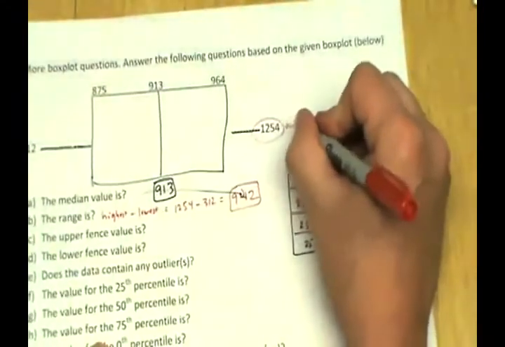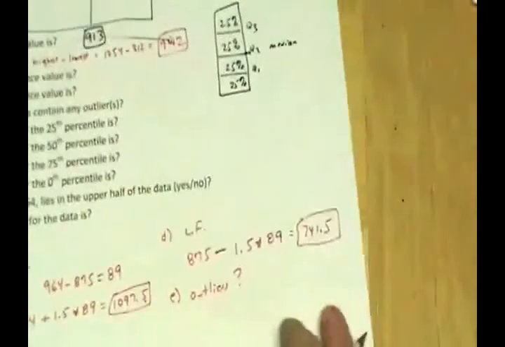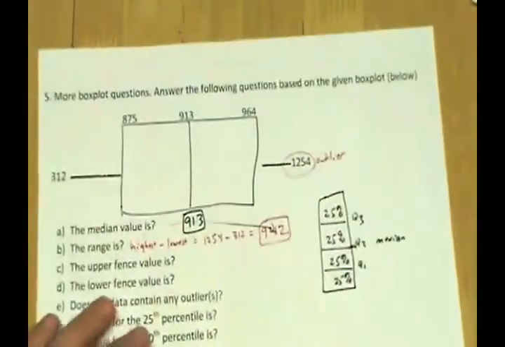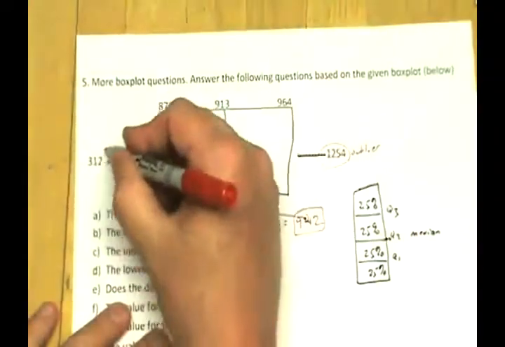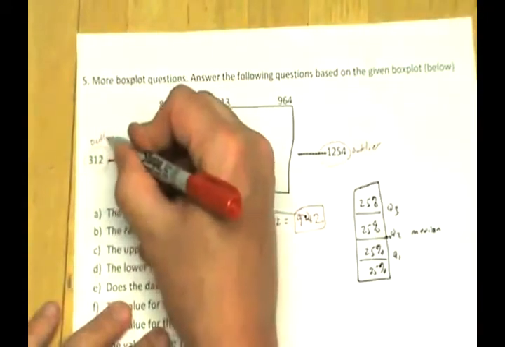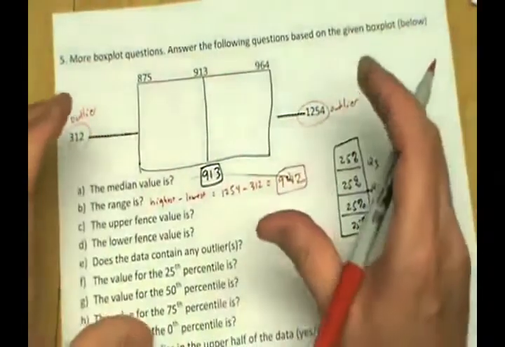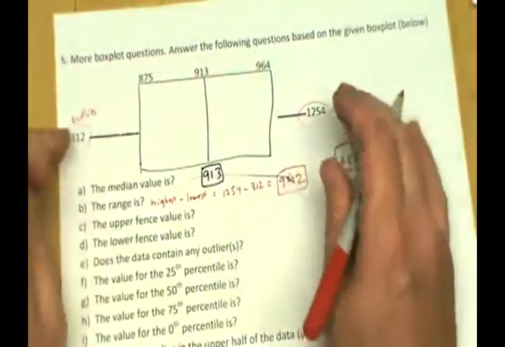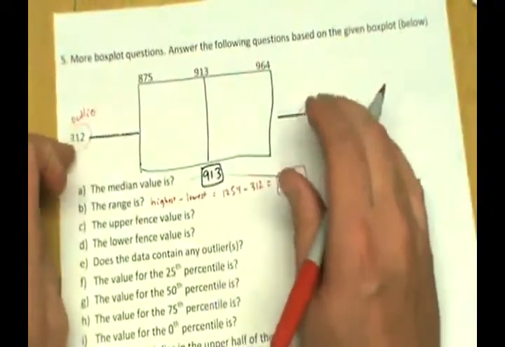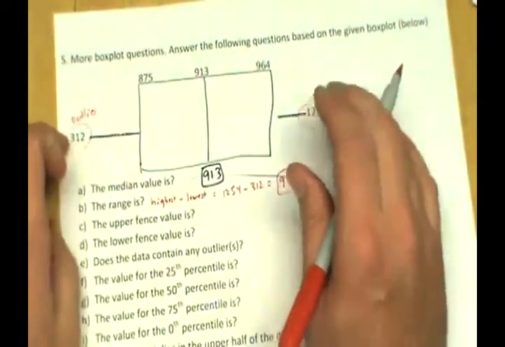So this is definitely an outlier. And then the same thing here, the lower fence is 741.5. That's definitely an outlier. So we know we have two outliers. We just don't know if there's any more because this doesn't give us the entire data set. But we definitely know we have at least one on either end because that's the lowest value, that's the highest value.